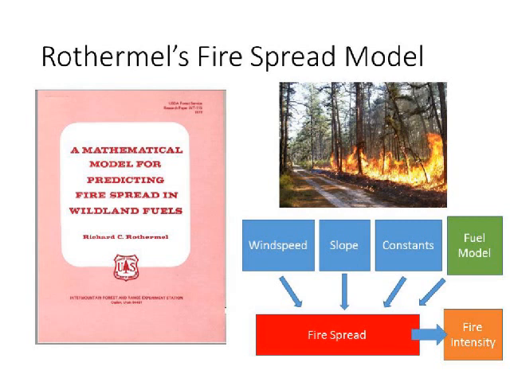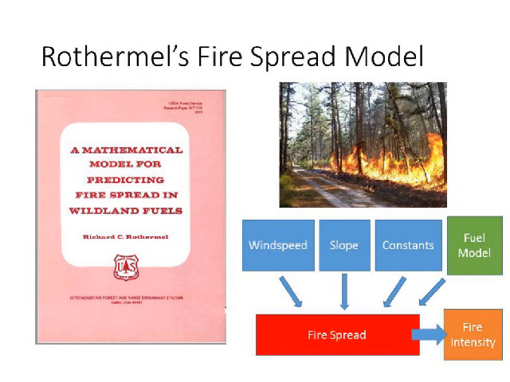And the way these models work is they have numerical representations of things like wind and slope, and there's constants of fire combustion properties. And then there's a fuel model. So that's a model within a model, a representation of fuel within another representation of how fire moves. And that all goes into calculating fire spread and fire intensity.